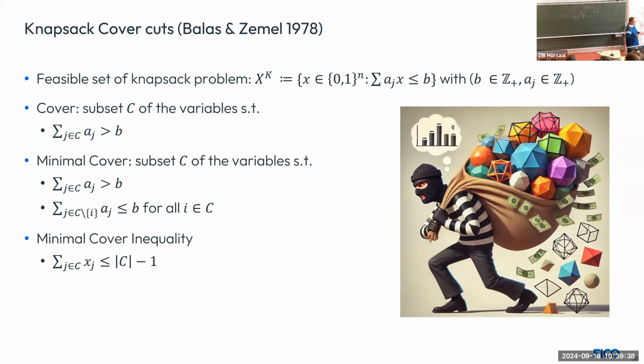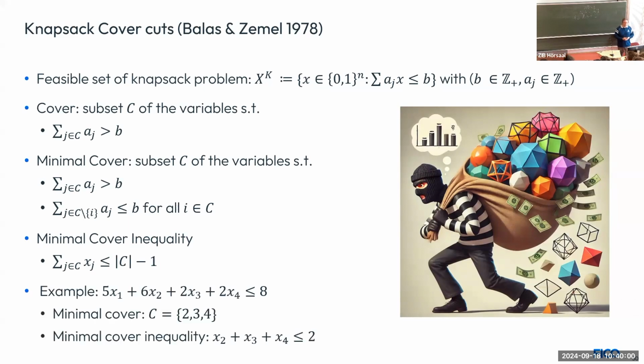And the valid inequality, which can serve as a cutting plane that you can derive from this, is: the number of items that you choose from a minimal cover of the knapsack is less or equal to the number of items in this cover minus 1. You can choose at most all but one for that.